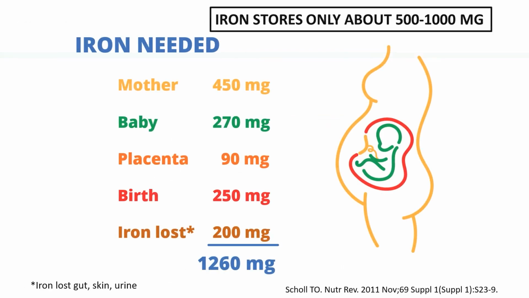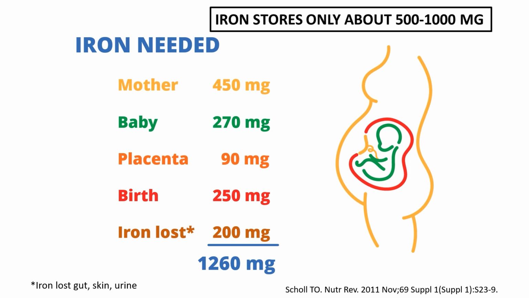One should recognize the critical importance of iron in pregnancy, and as you can see here, with every pregnancy, you need an additional 1,000 milligrams of iron. You can see the mother needs about 450 milligrams to make more red cells, the baby 270, the placenta 90.